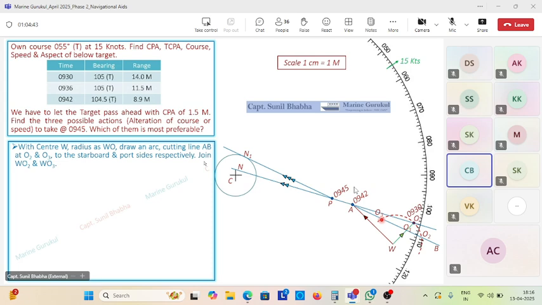Now let us join W to O2 and W to O3. We have joined W to O2 using this vector, the green color vector, and now I am joining W to O3. So we can see WO2 and WO3.